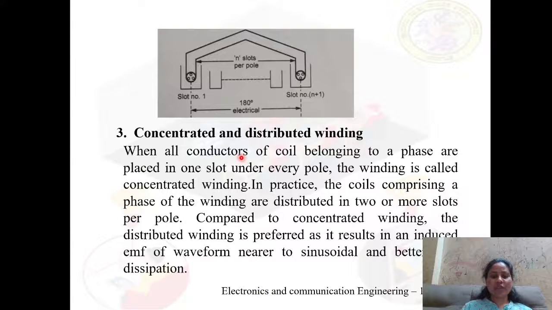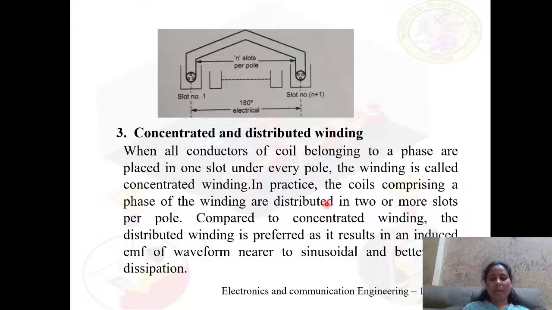Next is concentrated and distributed winding. So we know that in a three-phase system there are three windings, and the conductors will be distributed among all the windings, right? So in each of the poles there will be a number of slots, and the conductors will be placed in the slots, right?